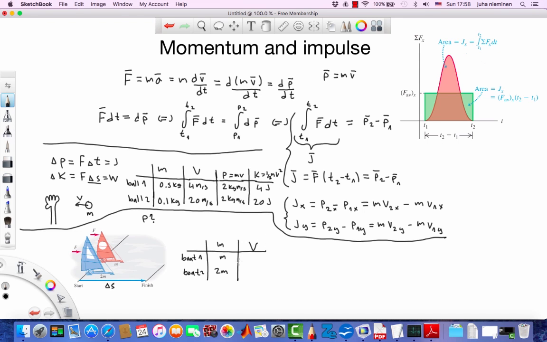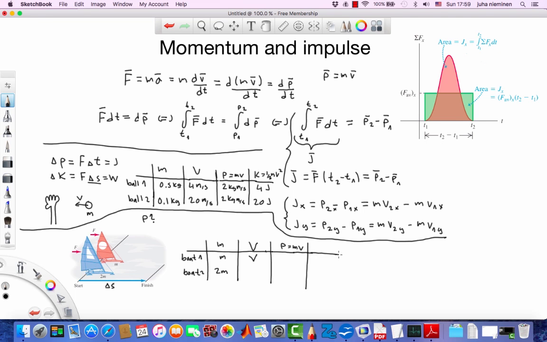What can we tell about velocity? Well, all we can say for now is that the boat 1 has velocity v when it crosses the finish line. So we need a little help here, because without v we cannot calculate momentum, which is m times v.